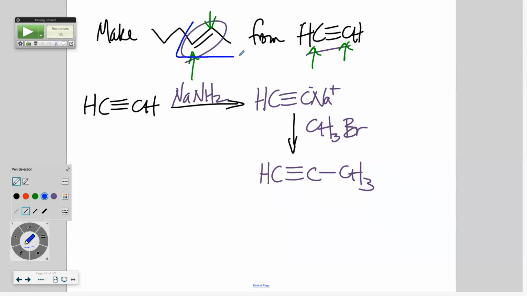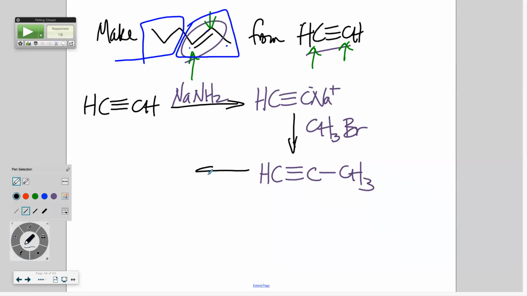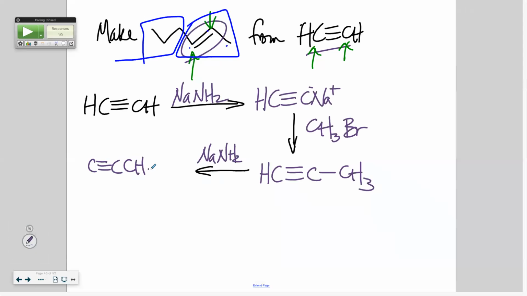All right. So what piece up there have I made at this point, you think? I've made this piece, right? CH3, C, triple bond C. Okay, so I need to add that piece. So how am I going to do that? More base. Okay, NaNH2 is going to give us our carbon nucleophile on the other side.